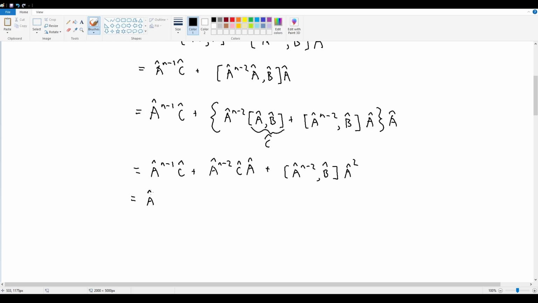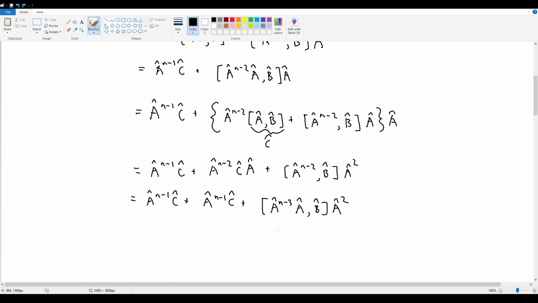This becomes a hat n minus 1 c hat plus a hat n minus 1 c hat, and then yet another where I can go even further. I can go a hat n minus 3, a hat, b hat, a hat squared, and this is going to keep on going until the term over here becomes equal to n.